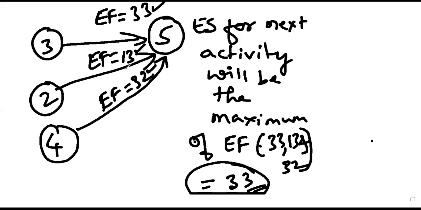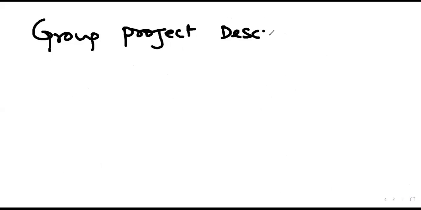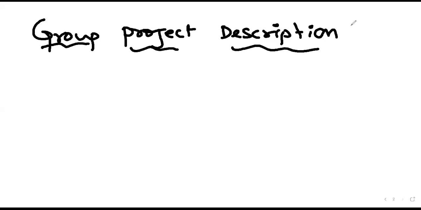First thing, what I expect is the group project description. The same thing is even mentioned in the lesson plan, but I thought it would be better if we discuss the same thing in the class and then go ahead.